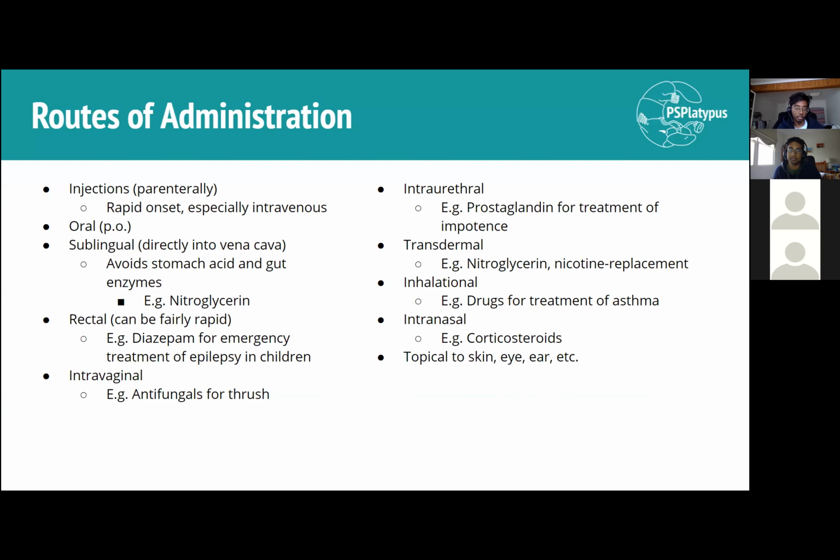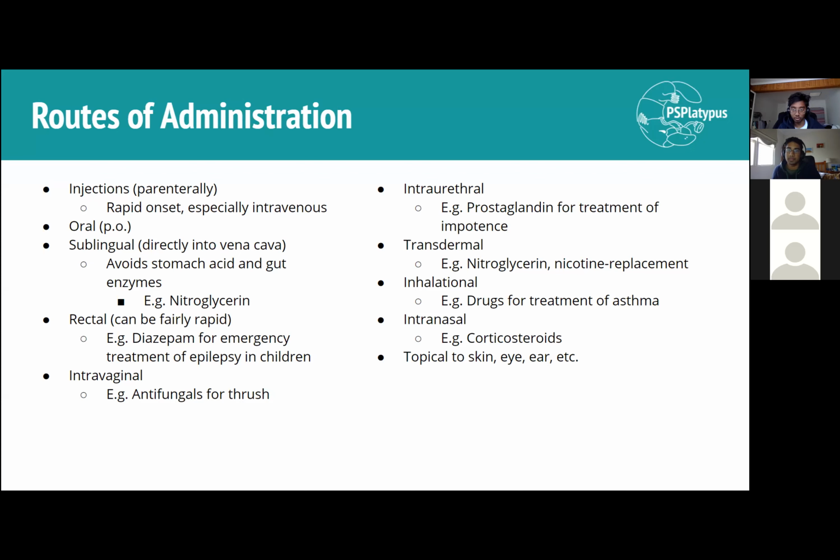We have sublingual, so that is directly into the vena cava. And that is, if I'm not wrong, done sometimes underneath the tongue. It avoids stomach acids and gut enzymes. So an example is nitroglycerin. Rectal, diazepam for epilepsy. Intravaginal, so makes sense, inside the vagina. We have antifungals for thrush.